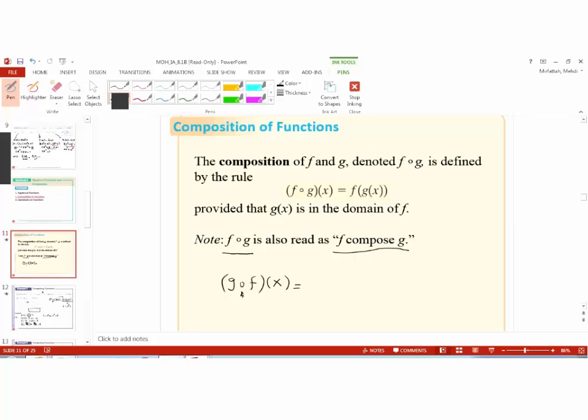All it means is you just take this little symbol and you change it to, in this case, g of f of x. Okay, that's all it means. This is the definition of that right there. So you want to eliminate this little funny symbol and the name compose. You take it out and then you replace it with this symbol here.